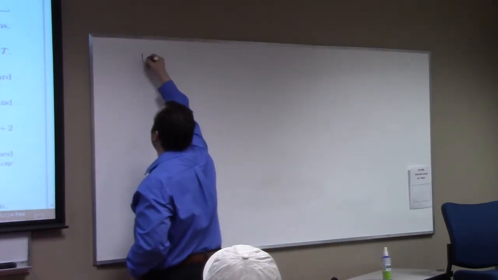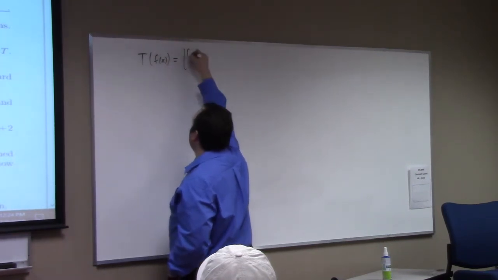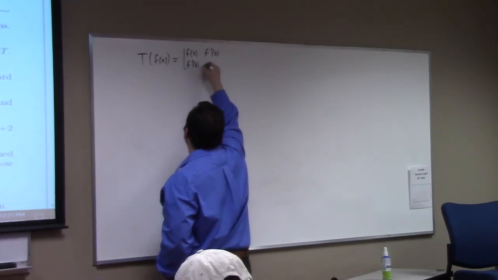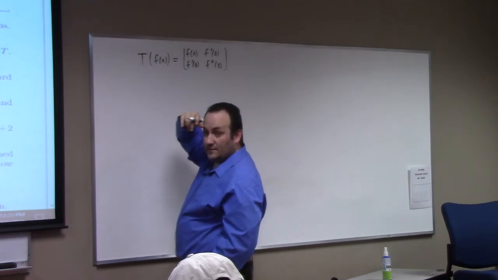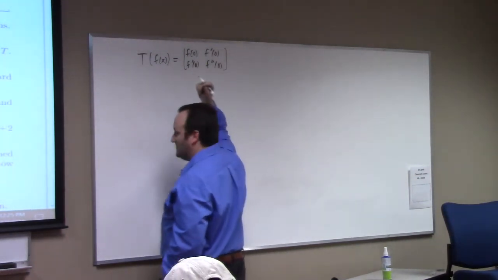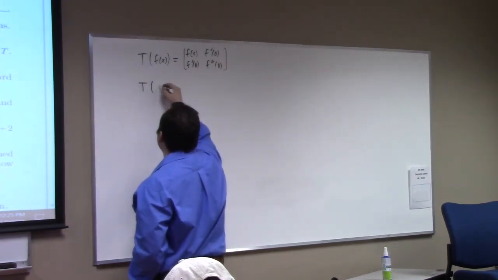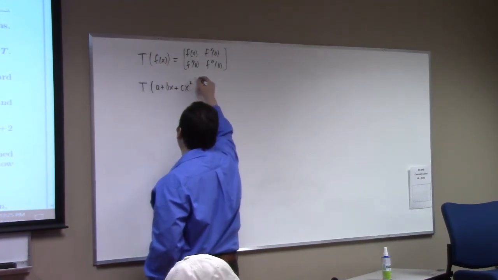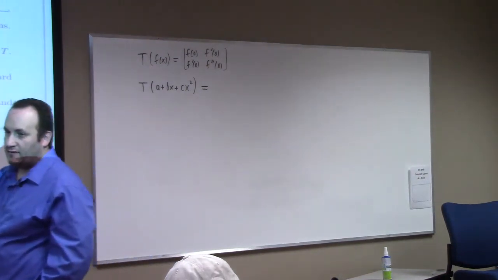So my mapping was what? T of f(x) equals, what was it? f(0), f'(0), f'(0), f''(0). That was the map I made up, right? My claim is that this is linear. I won't prove that. It's true, though. So suppose we feed it a plus bx plus cx squared. What's the output?